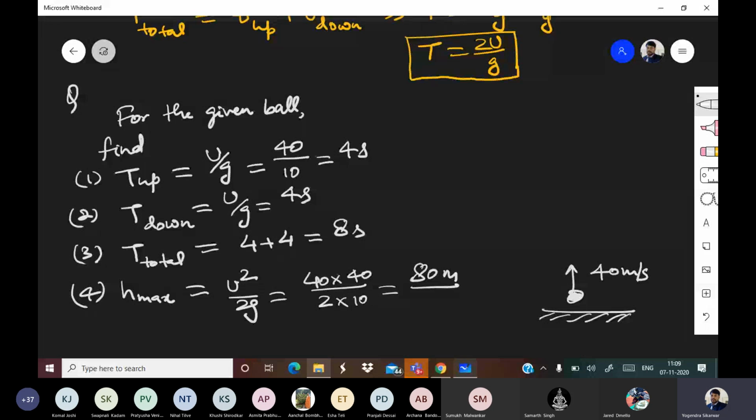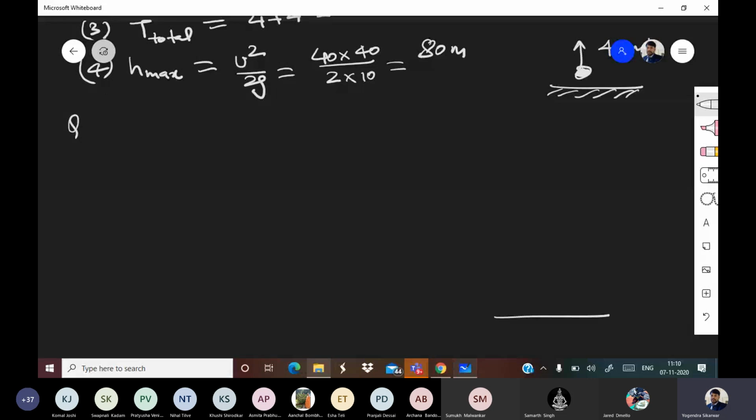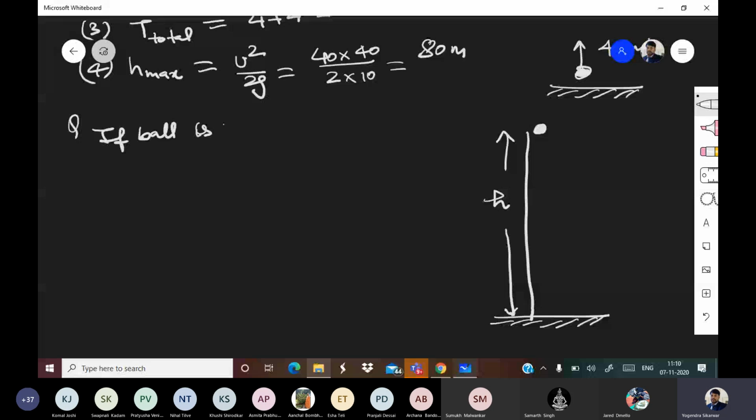Next. There is a building of height h, and then there is a ball. If the ball is released from rest, find number 1, the time taken to reach the bottom.